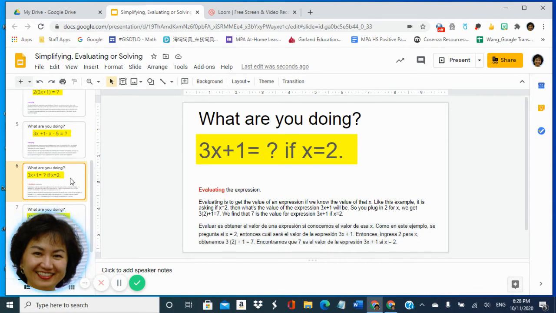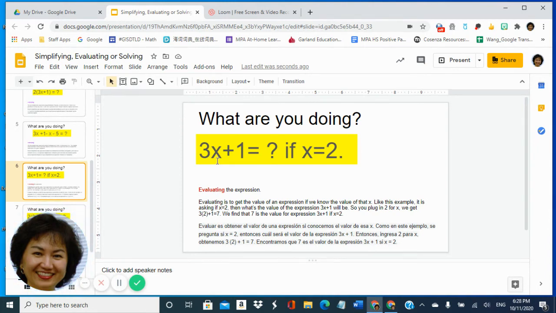How about this one? This one says, you're given an expression. They ask you 3x plus 1 equals to what if x is 2? This is called evaluating because you have to give this 2 to this x.